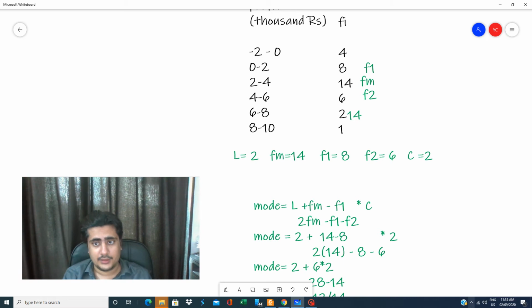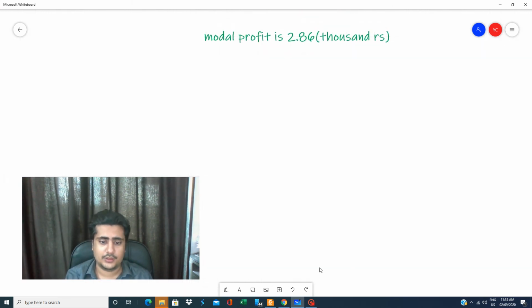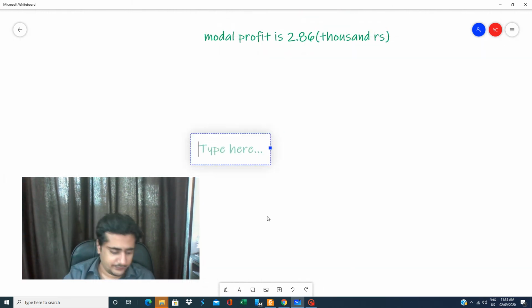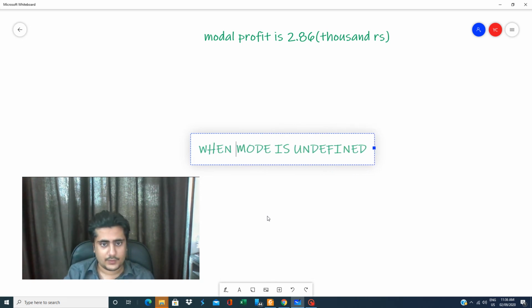Now, these are the cases which I told you. These are the cases when mode is undefined. What is it known as? It is known as when mode is undefined.